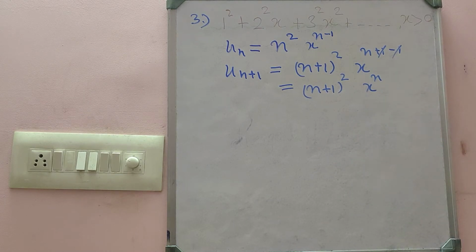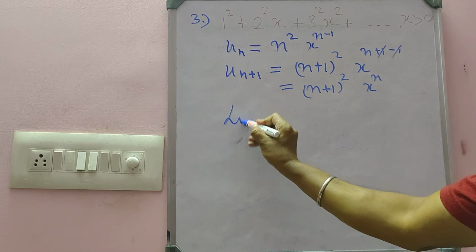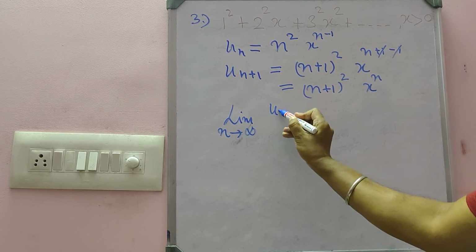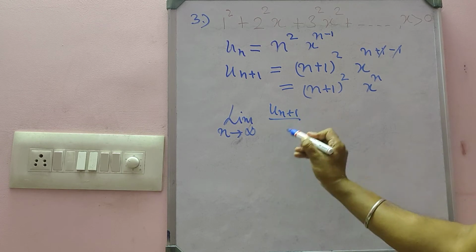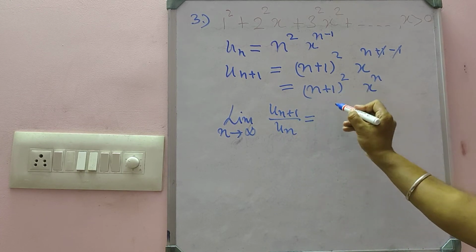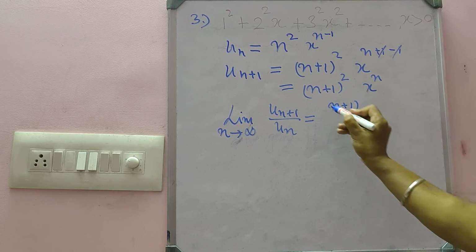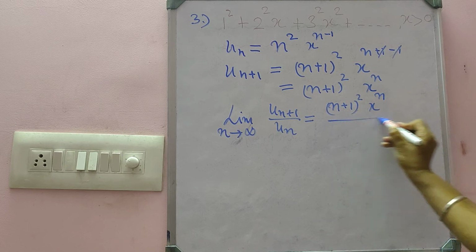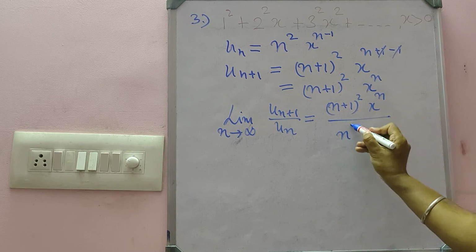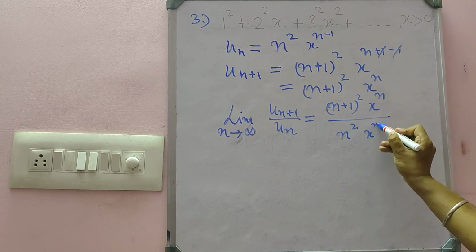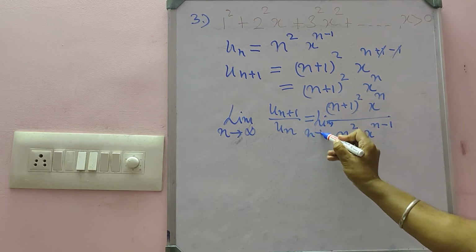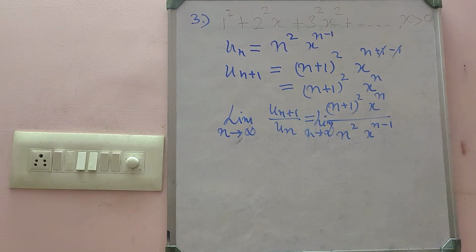Now we will take limit n tends to infinity, n plus 1 term by n term. Put the value: n plus 1 square x raised to the power n divided by n square x raised to the power n minus 1, limit n tends to infinity.